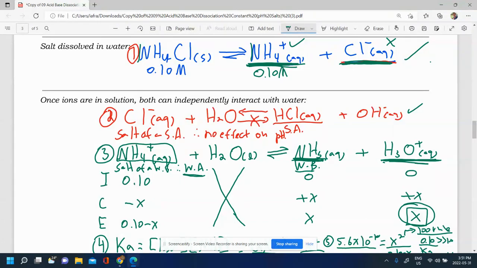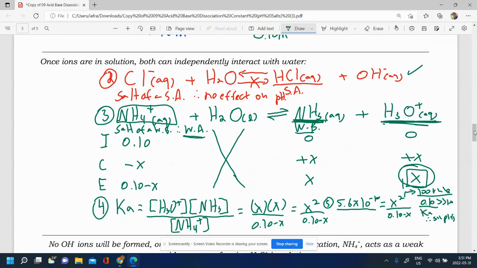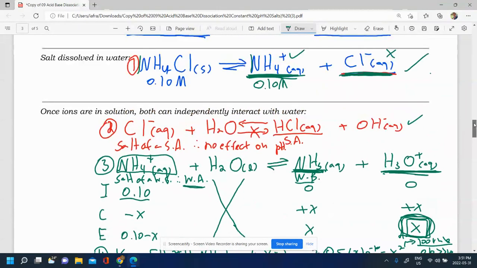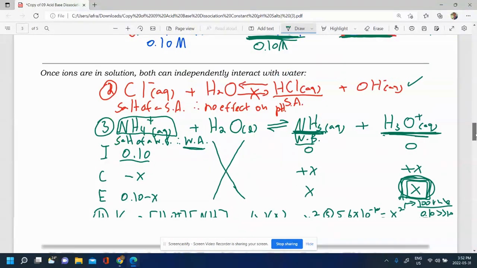So we use our equilibrium to make an ICE table to solve for the x value that is the H3O plus in the end. Now we had to find the initial concentration of NH4 plus, and we found that from the dissociation equation. If there was 0.1 molar of NH4Cl, then because they're in a 1-to-1 ratio here, there's 0.1 molar of the NH4 plus. And we don't care about Cl minus because it's not affecting pH.